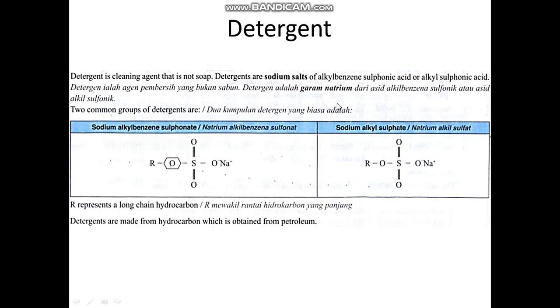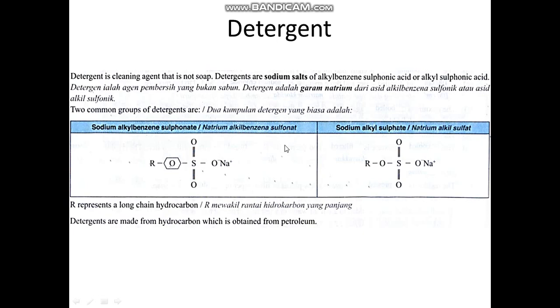And here we look at these two common groups of cleaning agents. How can we identify them? This formula is for the soap, and this formula is for the detergent. Very easy.